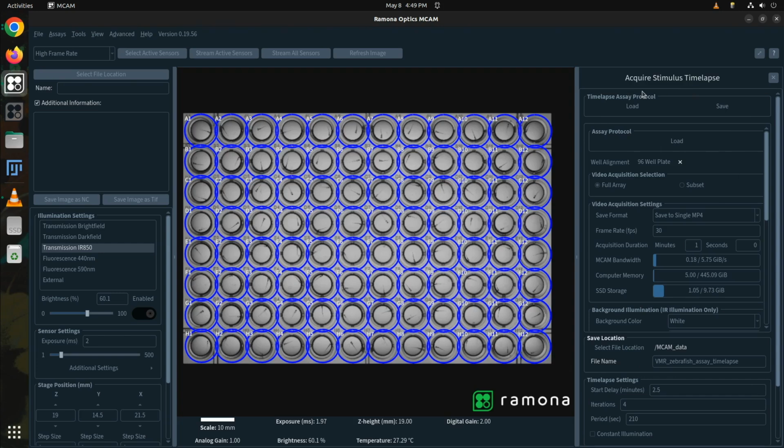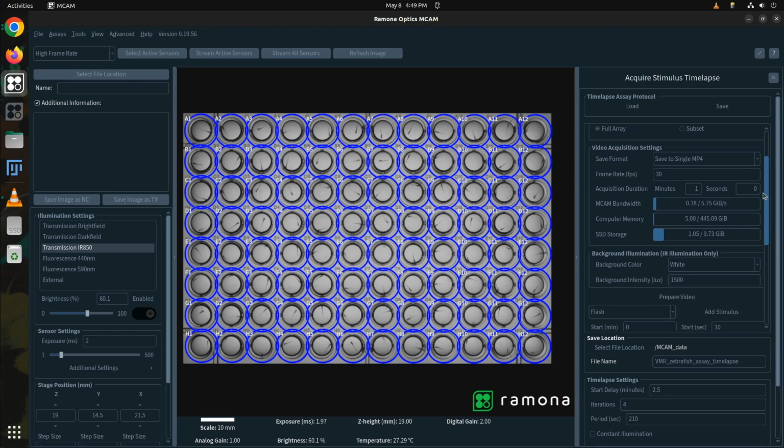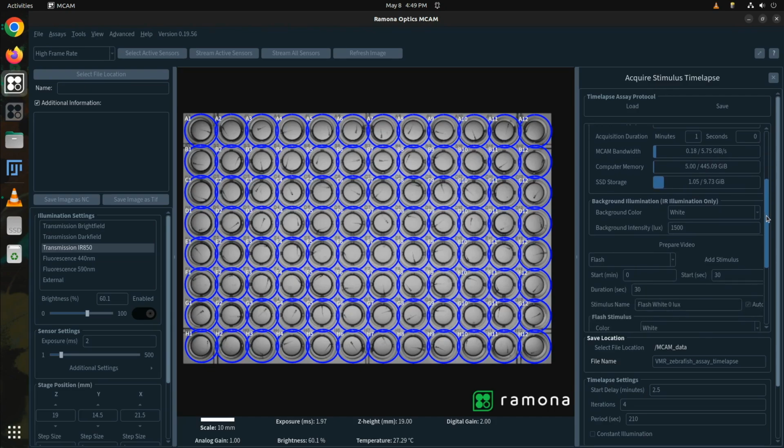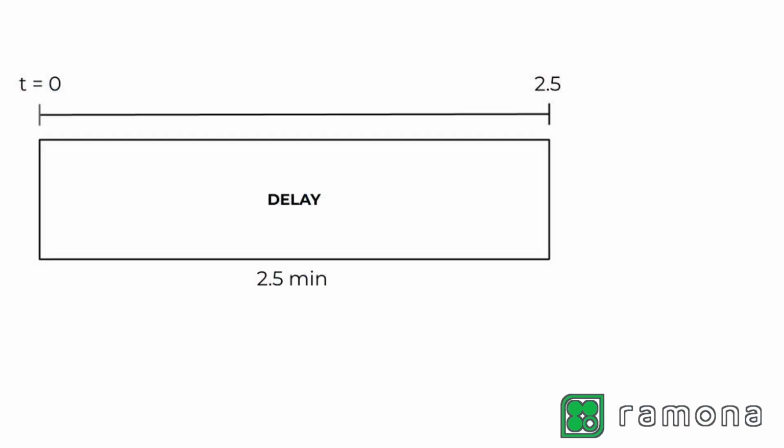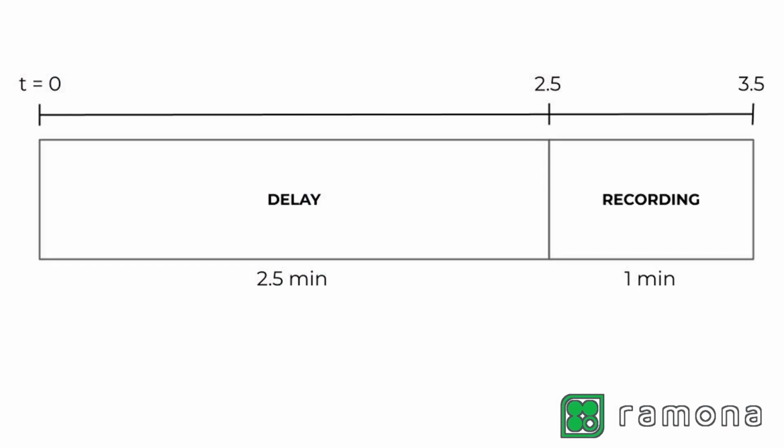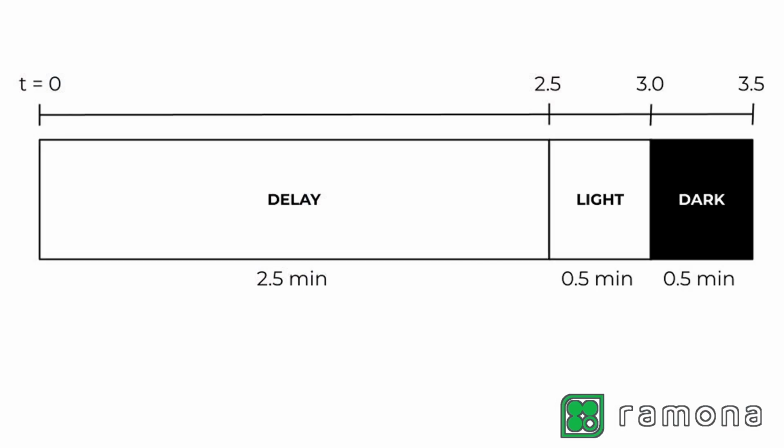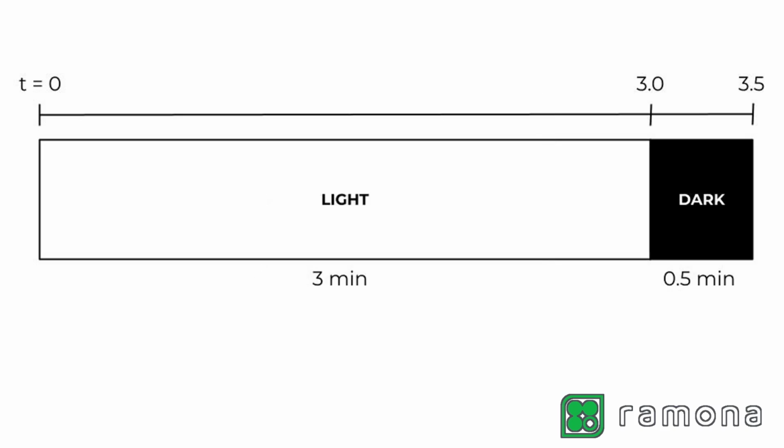Next, notice the specific timings of this assay and how they work together. First, we have a start delay of 2.5 minutes, followed by a 1-minute recording where 30 seconds is light and 30 seconds is dark, so overall we have 3.5 minutes with 3 minutes of light and 30 seconds of dark.